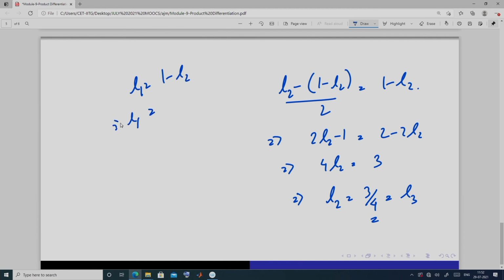So, L1 is equal to 1 by 4, L2 is equal to L3, equal to 3 by 4.